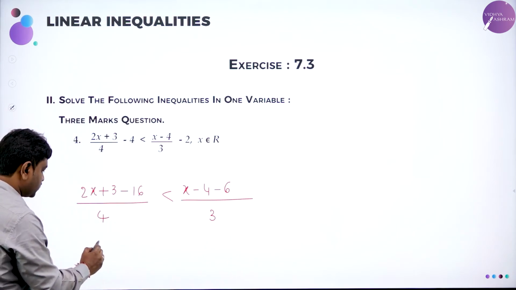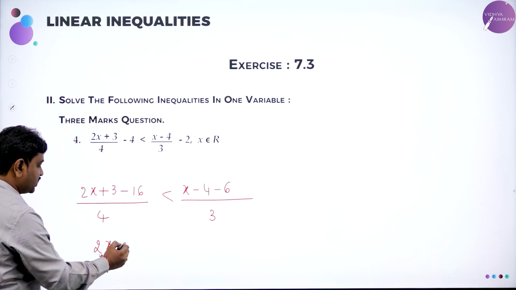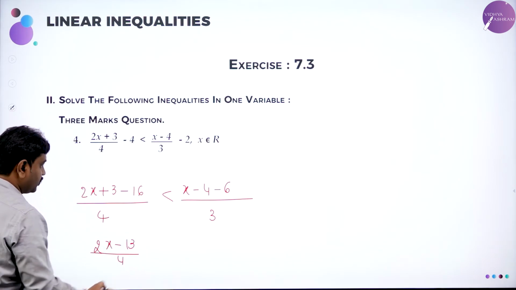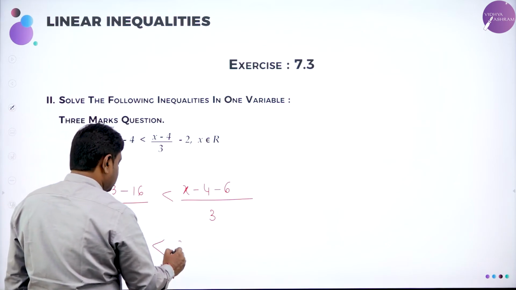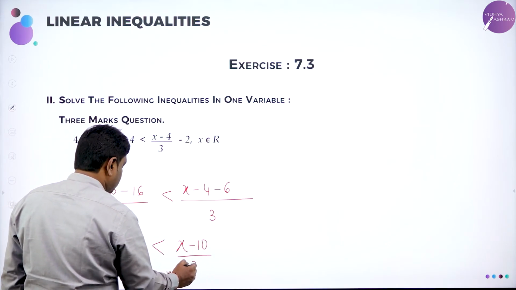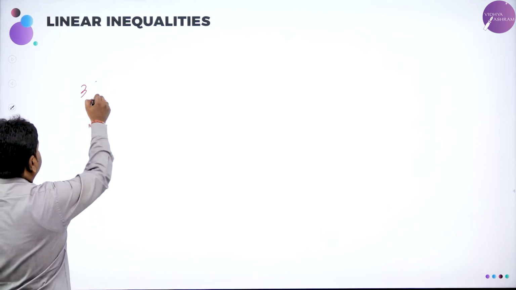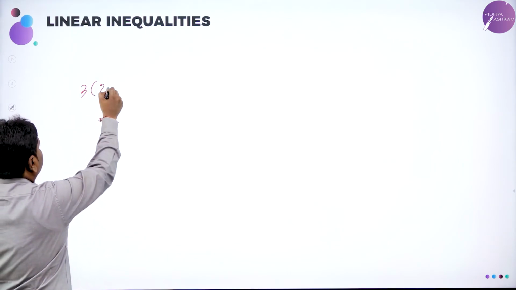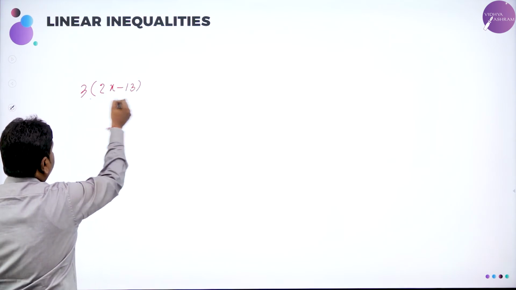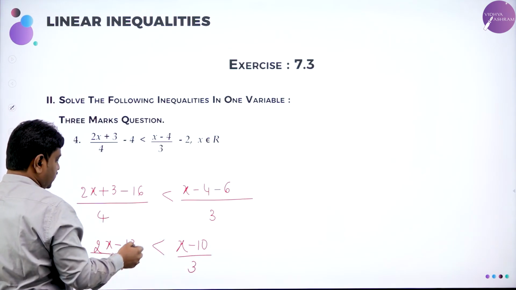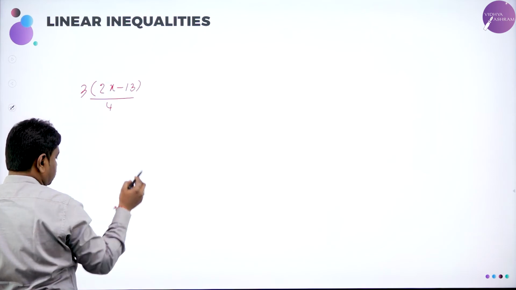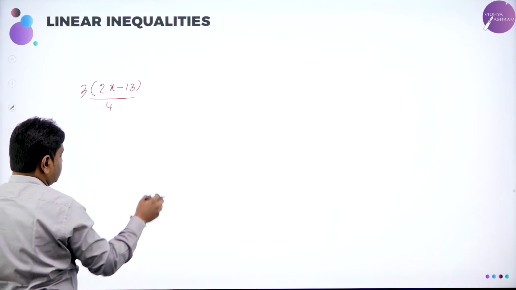Now (2x minus 13) by 4 less than (x minus 10) by 3. Now further cross multiply, so it will become 3 into (2x minus 13) by 4 less than x minus 10.